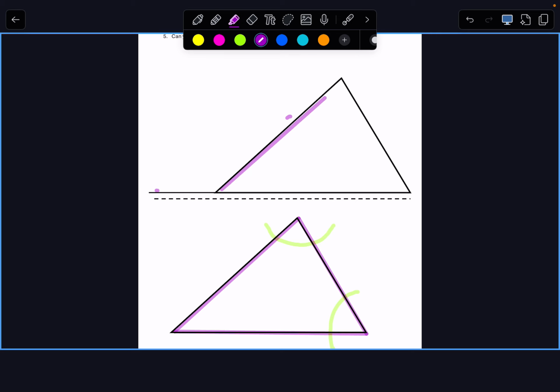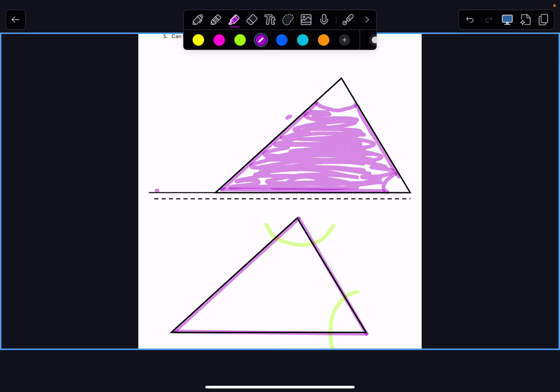So what I want you to do then is glue your triangle up here so that it looks like this. Keep the things that you cut off. So you're gluing that, and then you've done exactly what I've asked you to do.